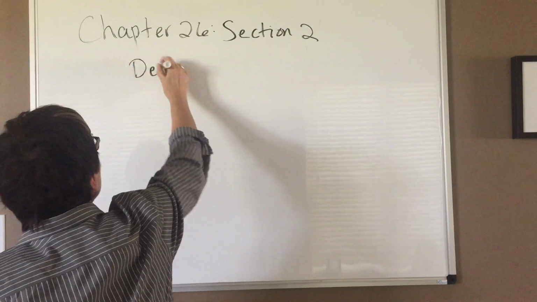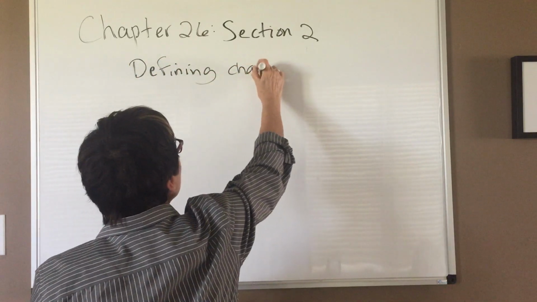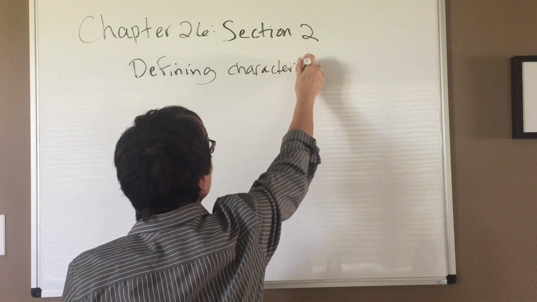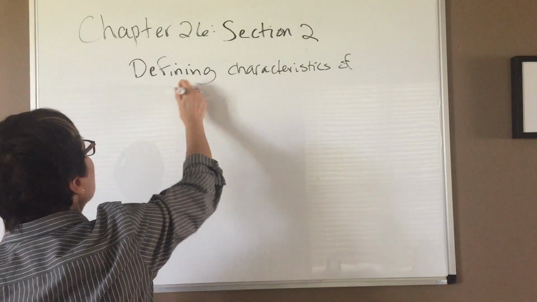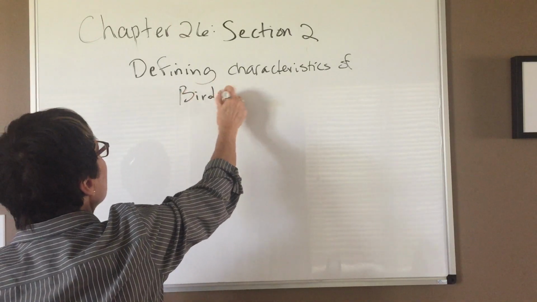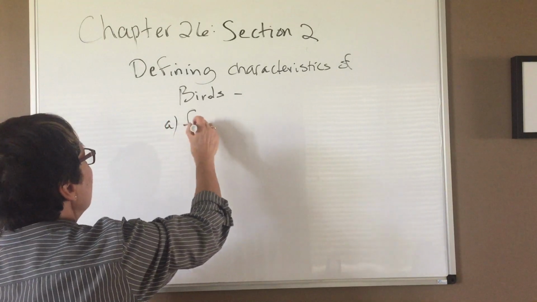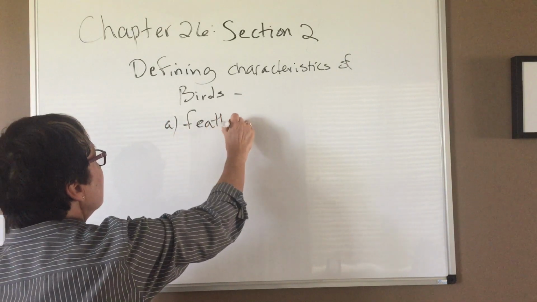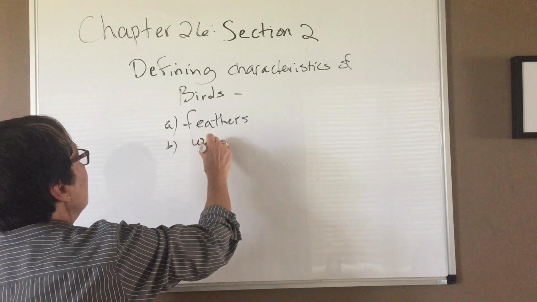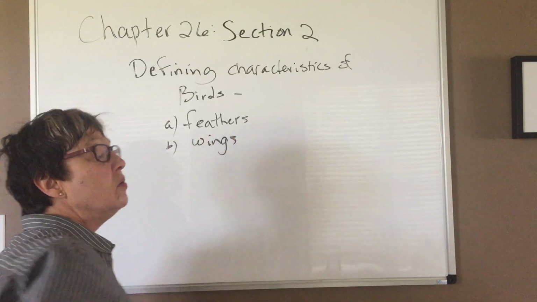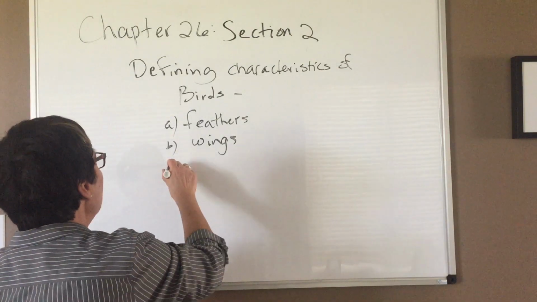The defining characteristics of this group are, of course, the presence of feathers, the forelimbs adapted to become wings.